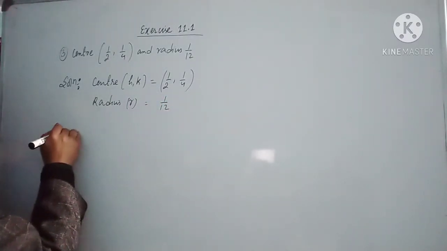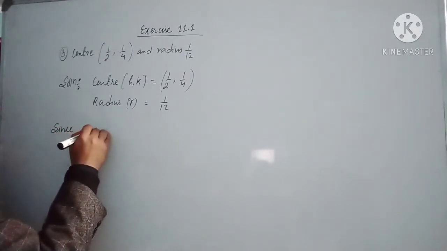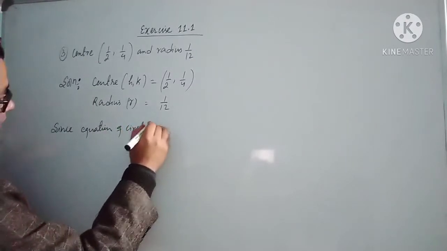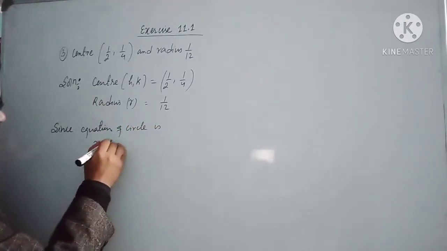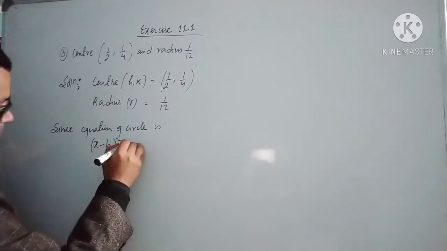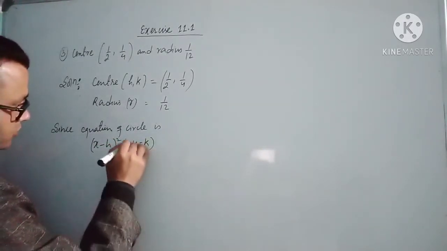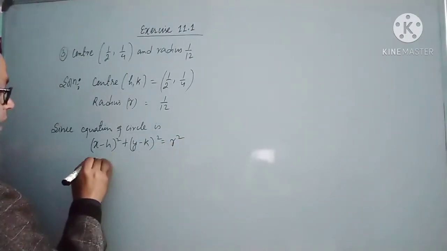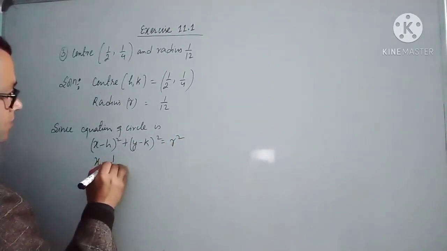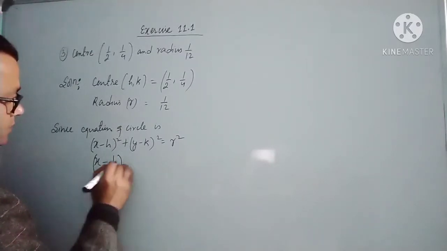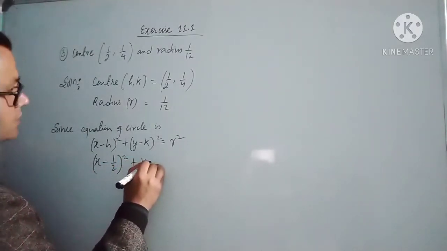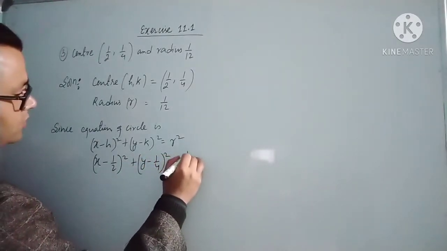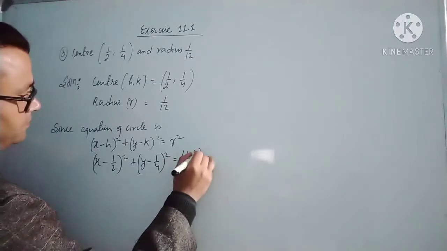Since the equation of circle is (x - h)² + (y - k)² = r², (x - 1/2)² + (y - 1/4)² = (1/12)².